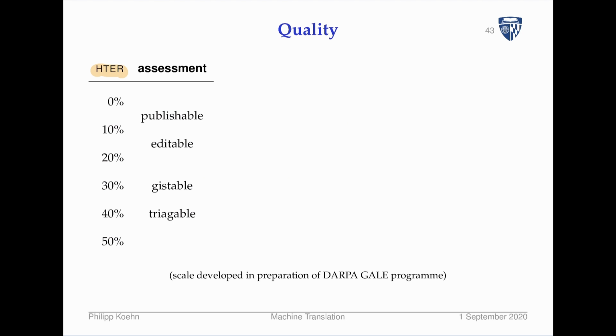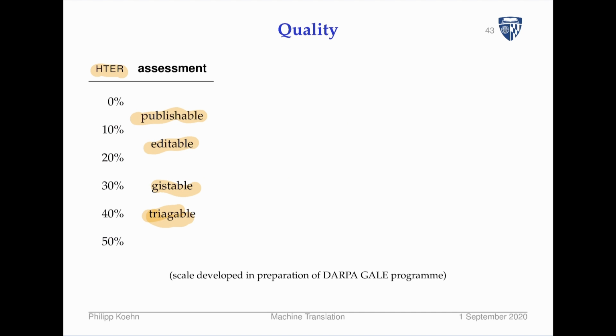Then they came up with a scale by saying, well, if it's a 5% edit rate, so only 5% was edited, according to this definition of editing, it's publishable. If 15%, it's editable, meaning it's good enough that you're going to be faster editing the machine translation output than translating it from scratch. At lower levels, it's gistable, meaning you understand the meaning in at least broad strokes, maybe even if some details are lost.